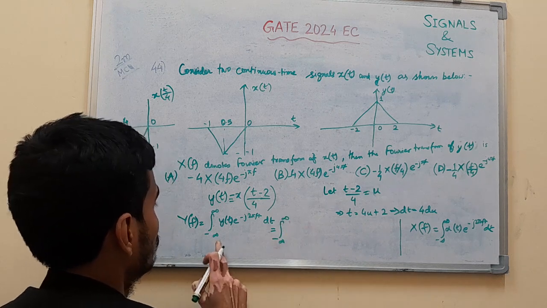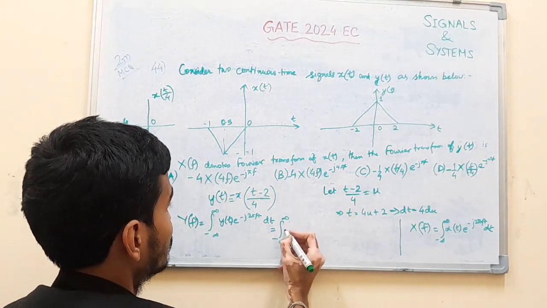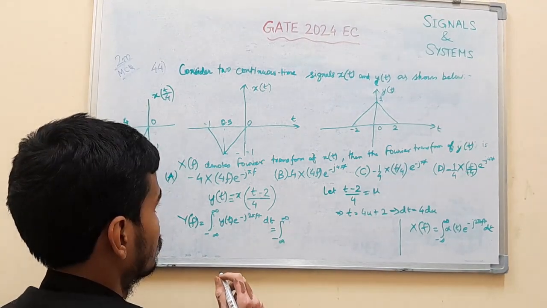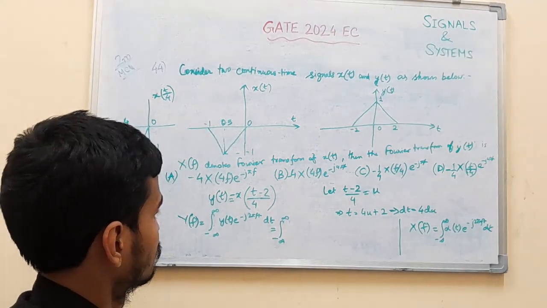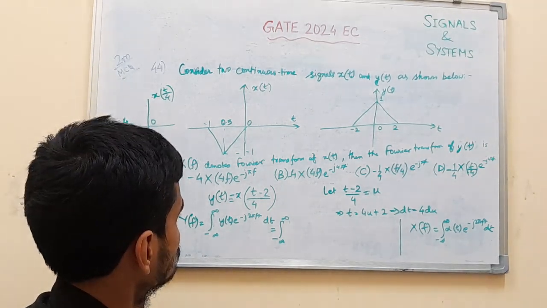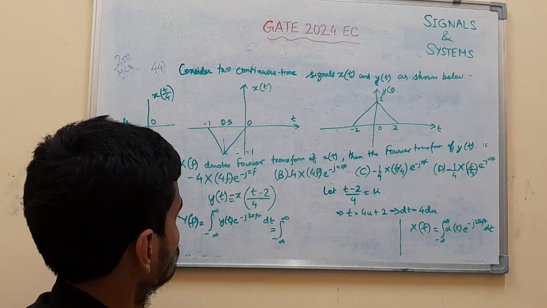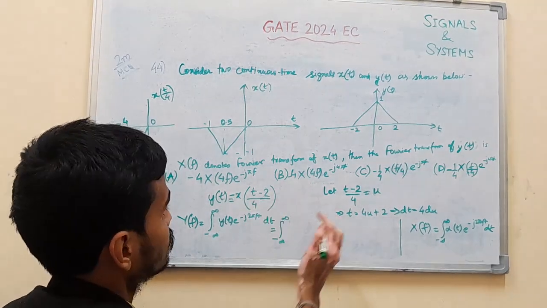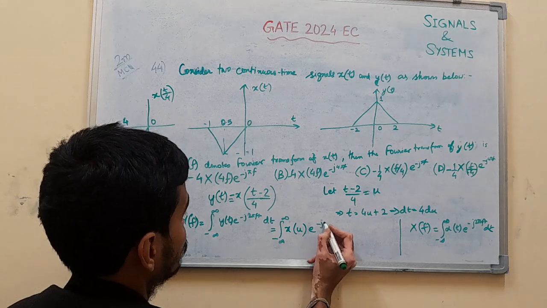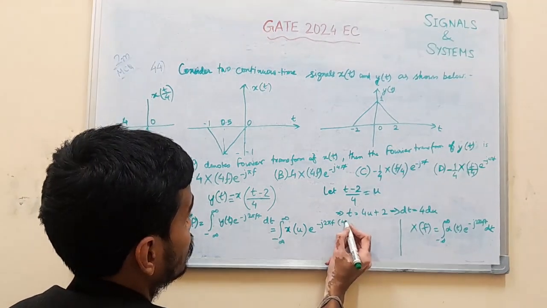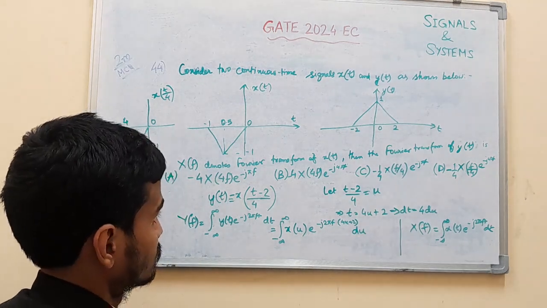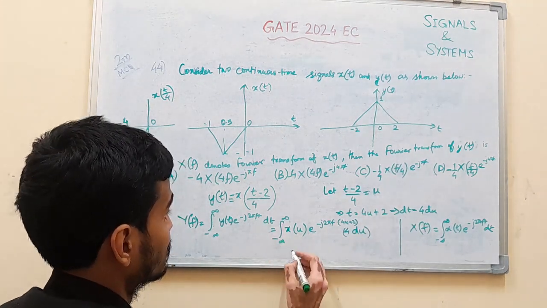Let's put here, in place of t, x of u e to the power minus j 2 pi f (4u plus 2), and 4 du is dt.